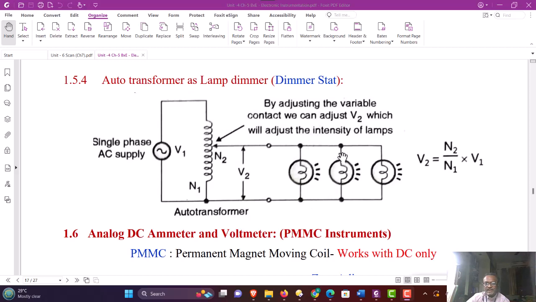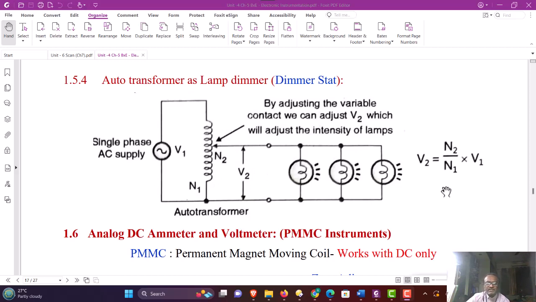And as the voltage across the lamps increases, the light intensity of the lamp will increase. So when light intensity is required to be reduced, we will reduce the voltage output from the dimmerstat. When it is 0, there will be total dark. When we slowly go on increasing, the light intensity is increasing.